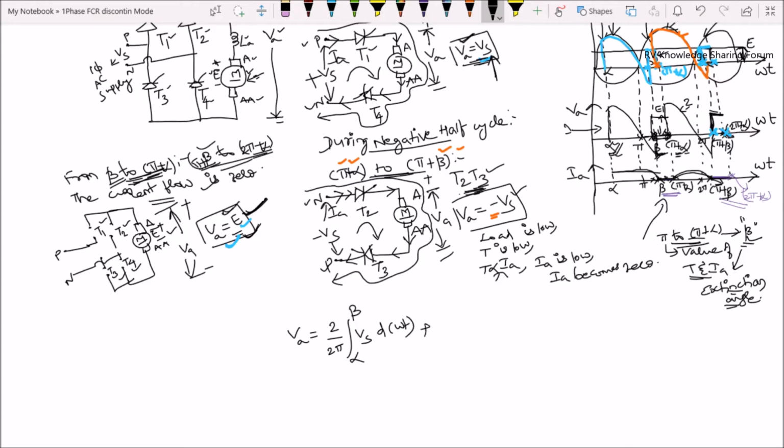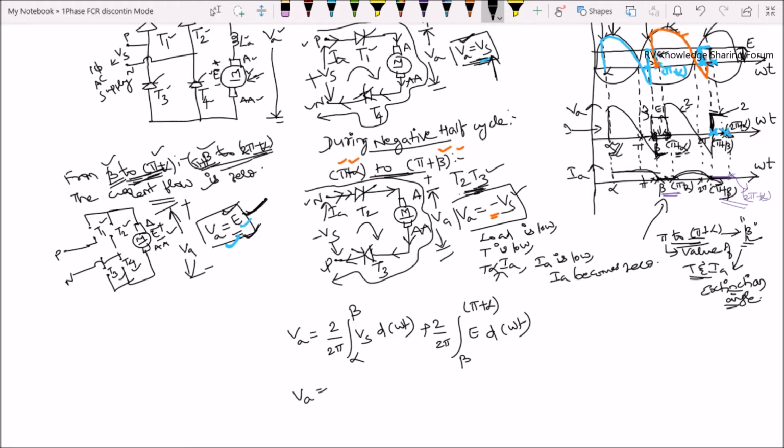Similarly, we have made two pulses of the induced EMF E also, 1 and 2, for one full cycle. Therefore 2 by 2 pi, integration of the period that starts at beta, from beta to pi plus alpha, where the value is E, d of omega t.